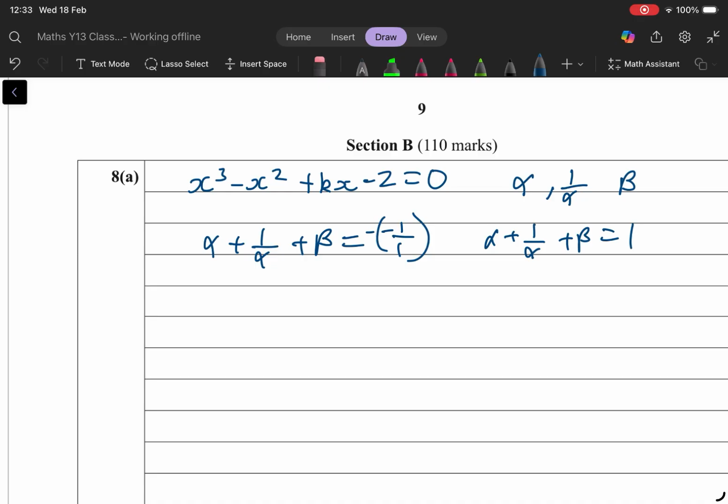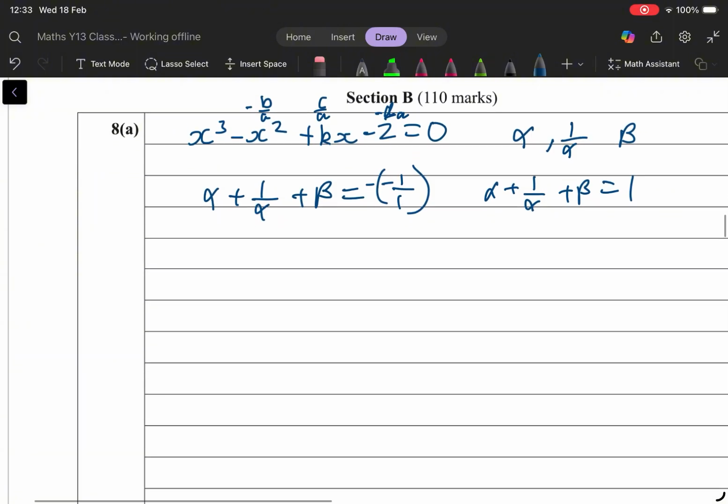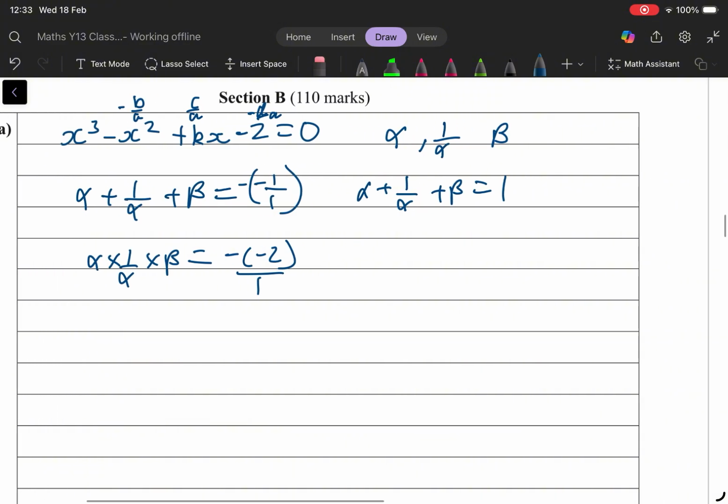So if that's minus b over a, that'll be c over a, so that'll be minus d over a. So that'll be the sum of the singles, sum of the doubles, and that'll be the triples. So alpha times 1 over alpha times beta is going to be equal to minus 2 over 1. Alpha times 1 over alpha is obviously just 1. So we get beta is actually just equal to 2, which works out quite nicely there.